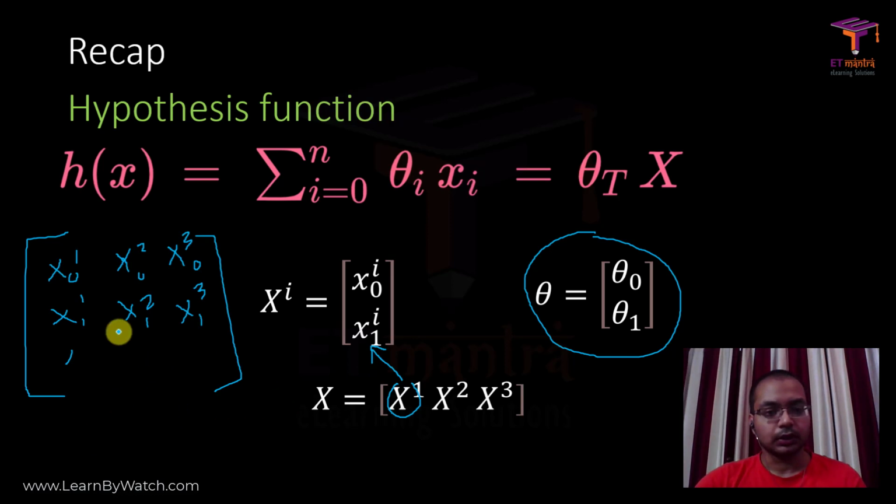So this is how we form the 2D vector x. And suppose the number of features is n and the number of training examples is m, then this matrix is of size n into m.